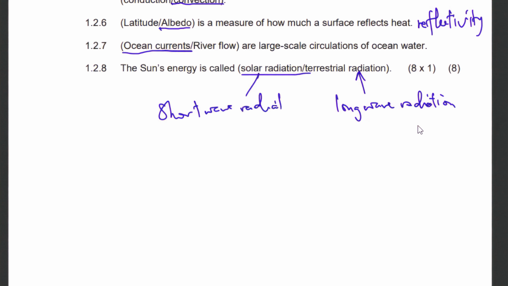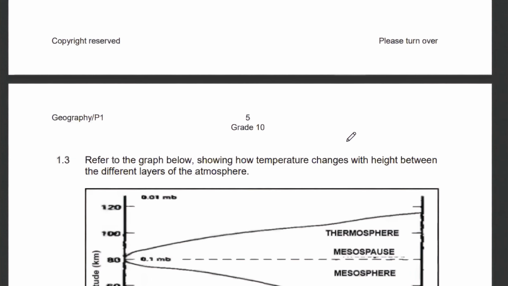It comes in the form of ultraviolet rays and visible rays, and this one is invisible. Right. Moving on to the next question, we take it to question number 1.3.